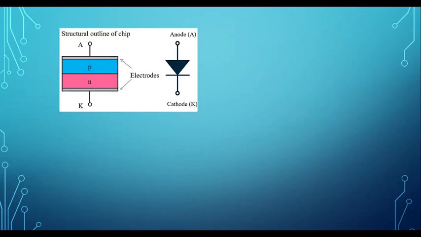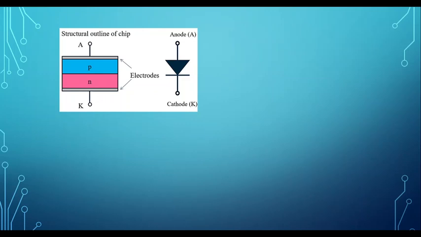Now this is the format of an ordinary diode. We have the anode and we have the cathode. If you notice, the structure of the diode has the P and the N junction, so there are two layers here.